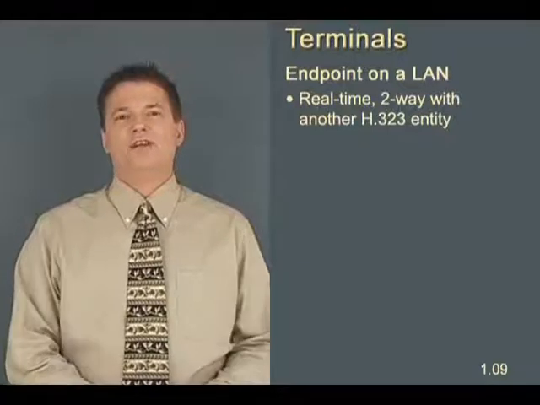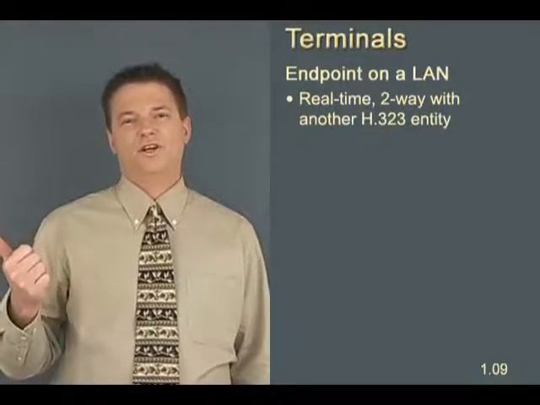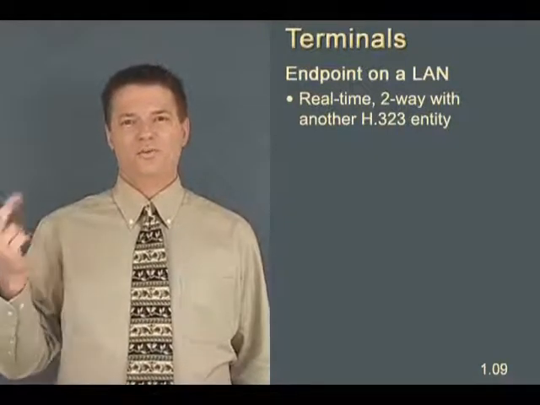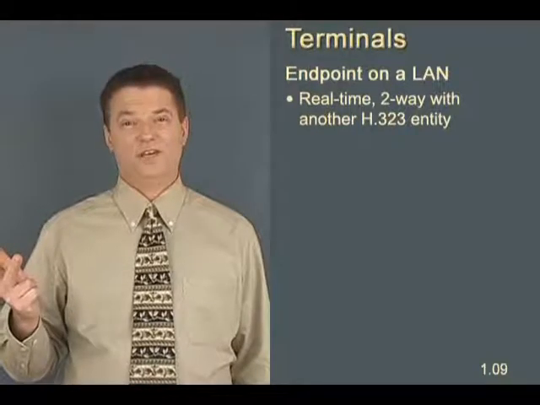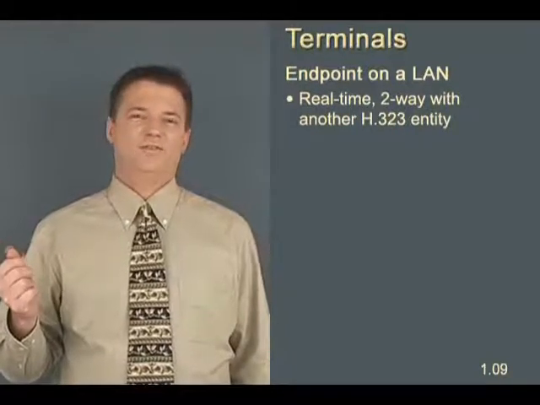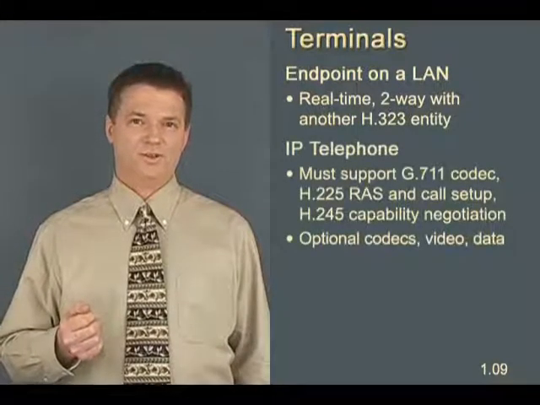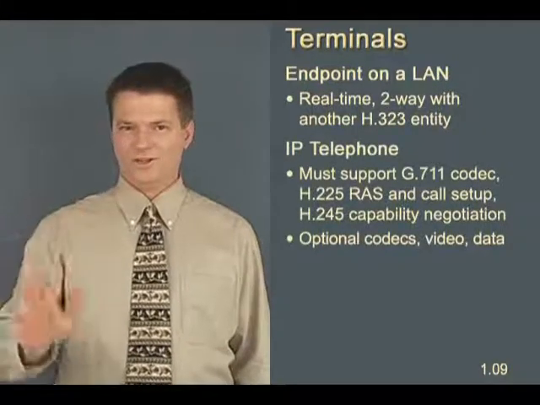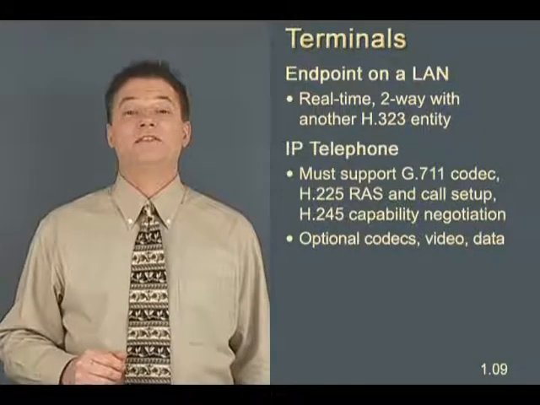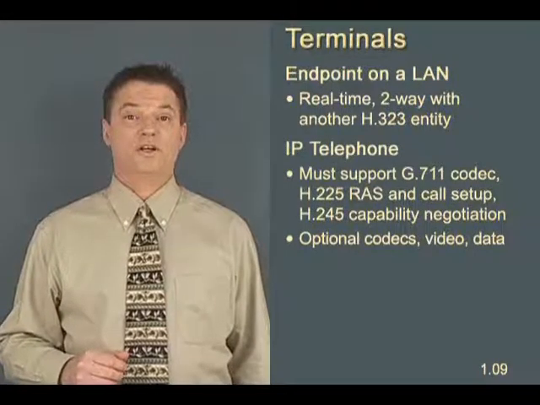A terminal has to support real-time two-way communications with another H.323 entity. And at a very minimum, it has to support the G.711 voice codec. We're going to look at codecs shortly. That's the one that's the same as is used in the public telephone network.